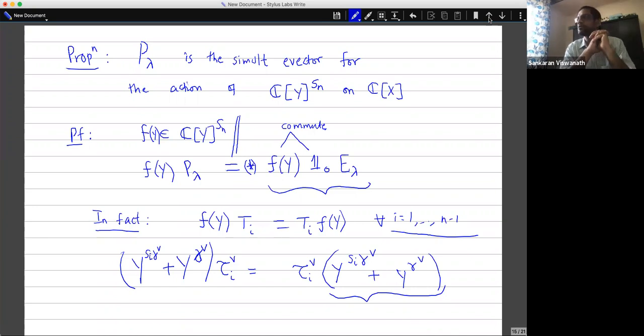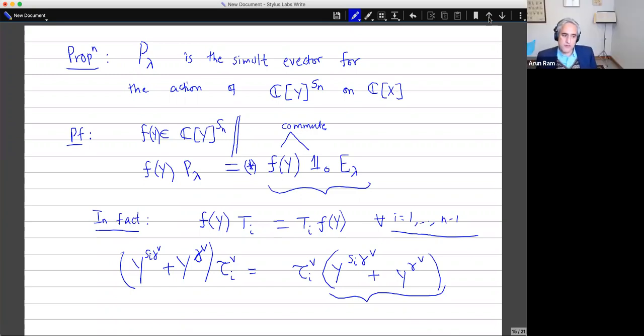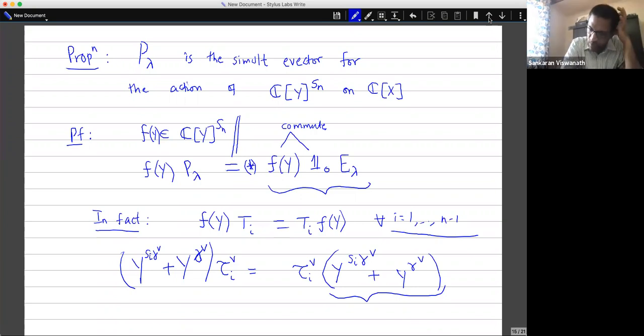Is that operator something we can realize purely as a double affine Hecke algebra operation? I don't know, Arun, is it? Yes, it is. It's a symmetric polynomial, so it commutes with the finite Hecke algebra. Oh, I see. That's exactly this thing.